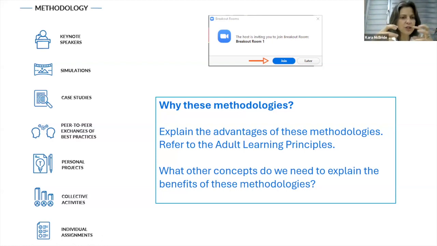You don't have to restrict yourself to what we've talked about so far. Let's do about 5 minutes of a breakout room, and I'll send the link now too, in case you want to look at the list again, to talk about specifically why these are the methodologies that need to be used. So 4 or 5 minutes, pretty quick, just to review those specific methodologies.